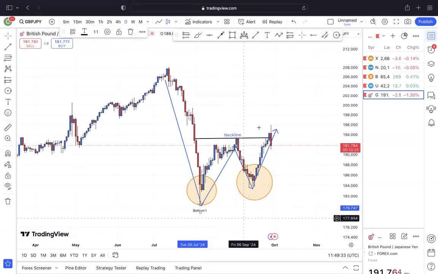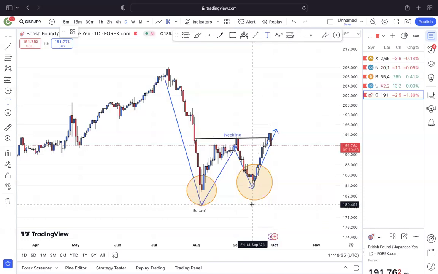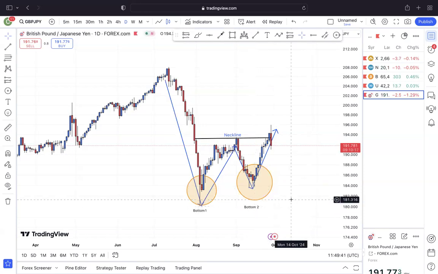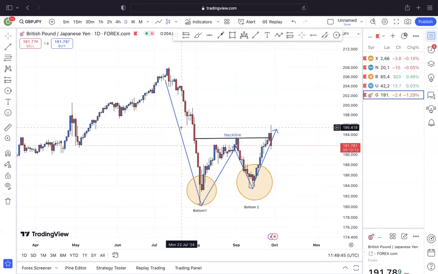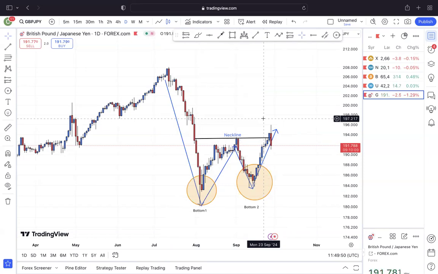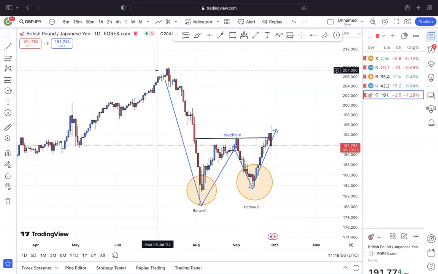And then we have bottom two. And as you can see, it almost looks like a W. And this pattern is very effective in predicting a change in trend direction when we identify it correctly.